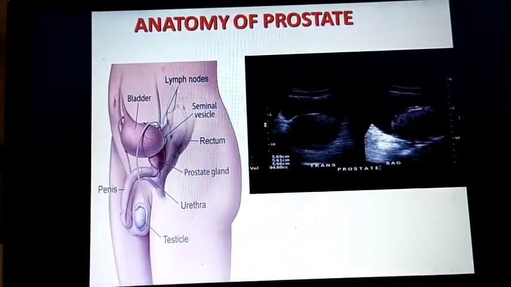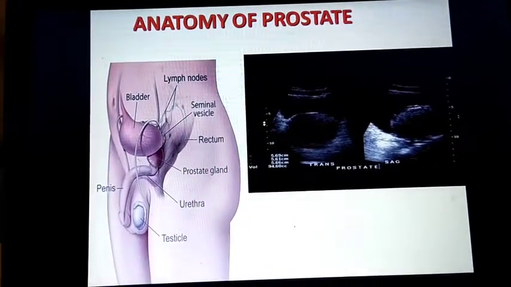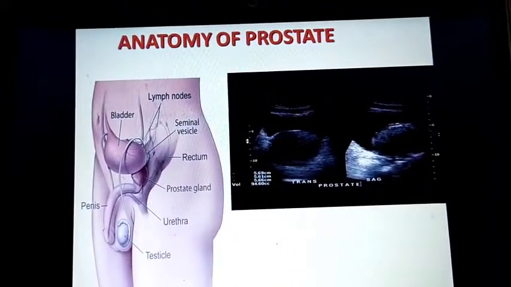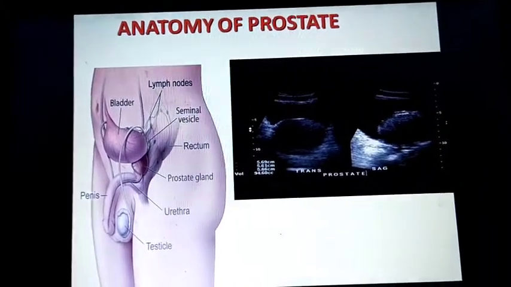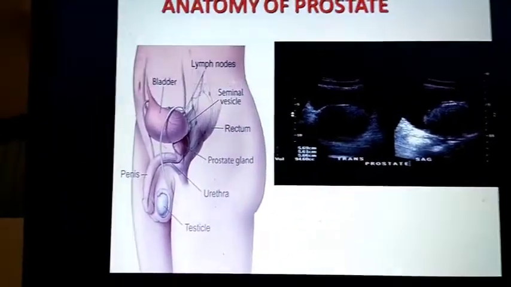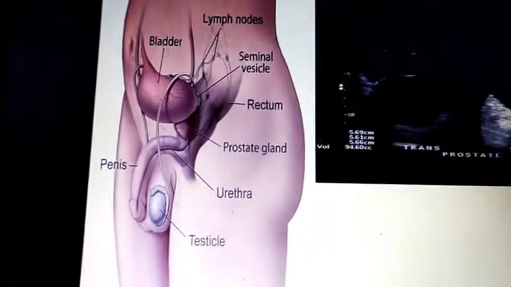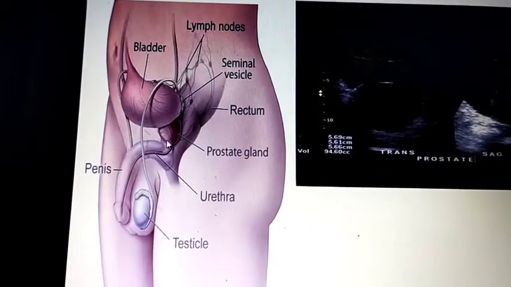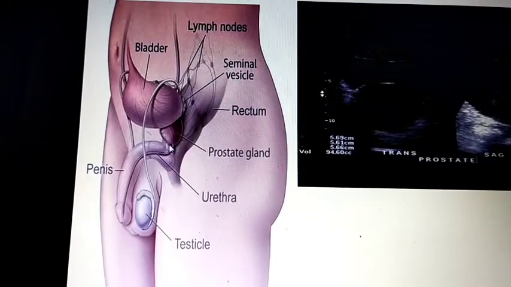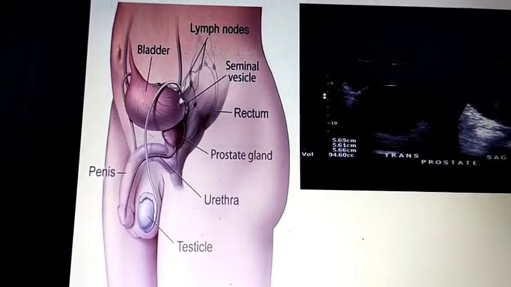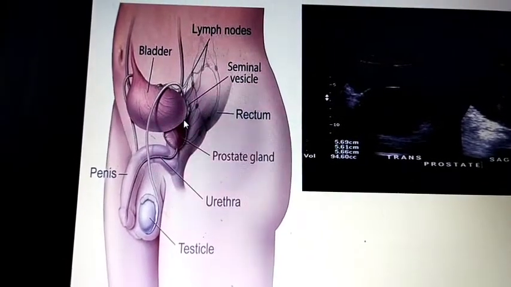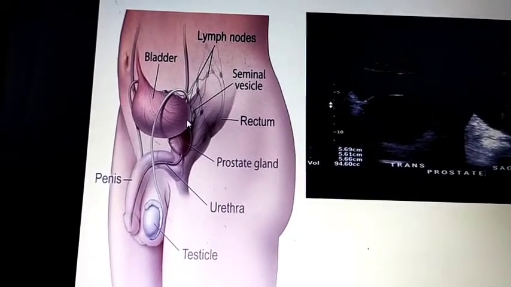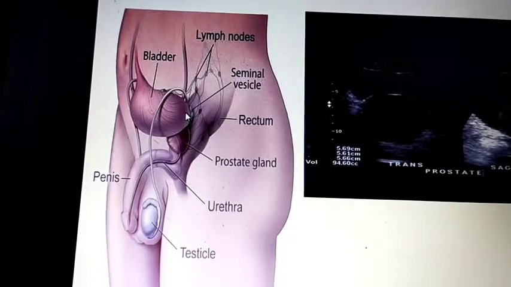It is situated in between the neck of the bladder and the external sphincter of the urethra. Okay, you can see this is the neck of the bladder, and here comes the external urethral sphincter. It is present in between the neck of the bladder and the external urethral sphincter, above the external urethral sphincter and below the neck of the bladder.